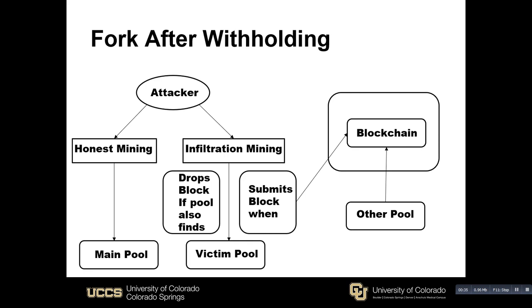Rather, he submits that block only when another mining pool submits a block in the blockchain, and the attacker drops the block only if a miner within that victim pool generates a block and submits it to the pool manager. And in fork after withholding, the attacker gains more reward than the block withholding attack.